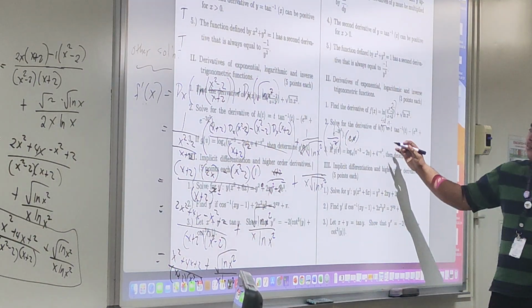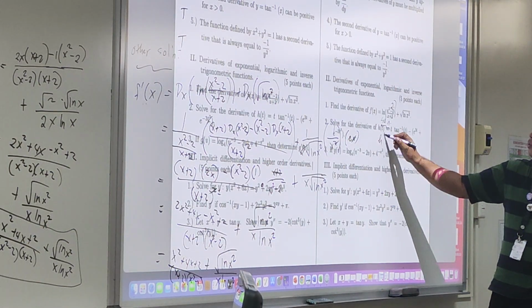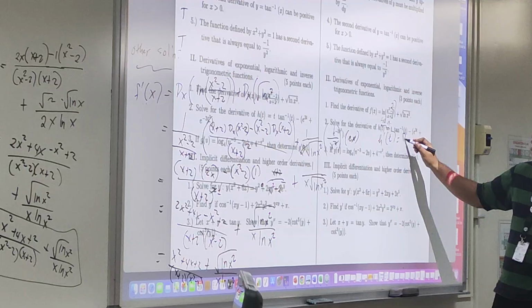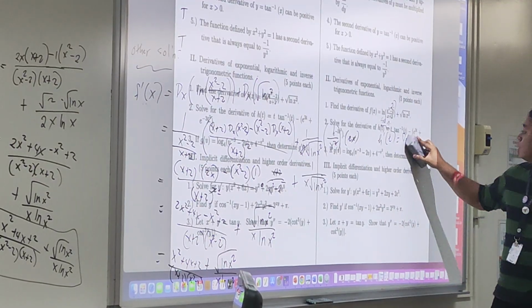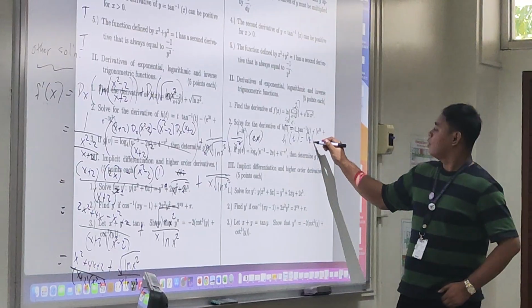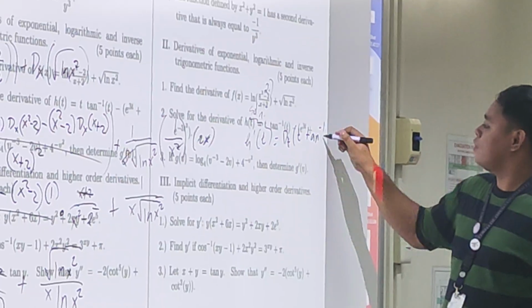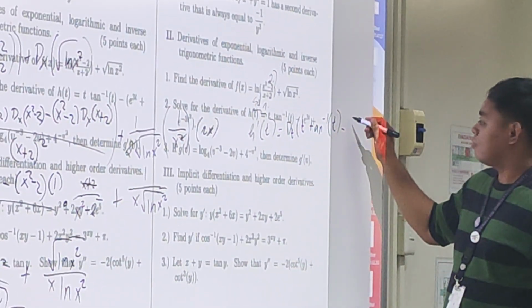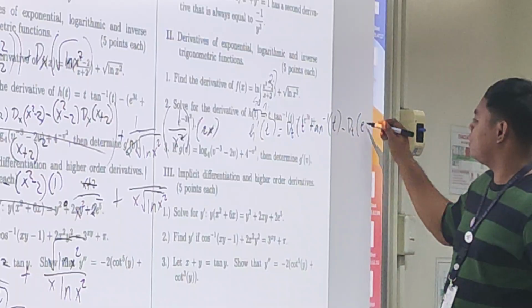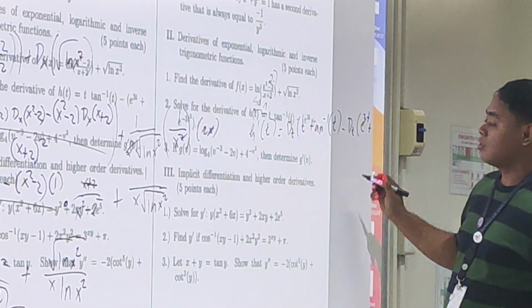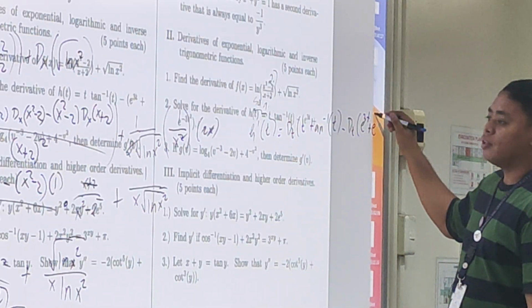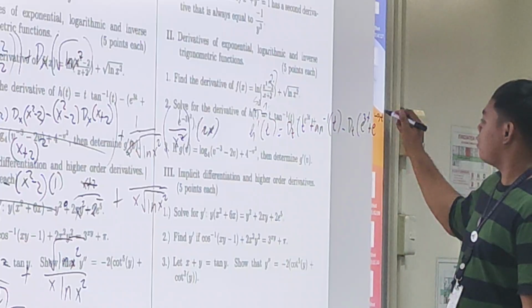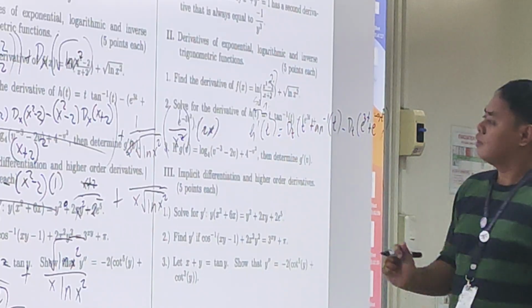Okay, what is the derivative for number 2? So h prime of t is just the derivative of t tangent inverse of t, minus the derivative of e to the 3t plus e to the negative 3t.